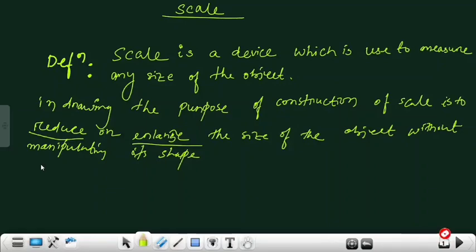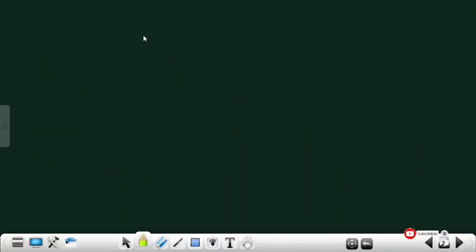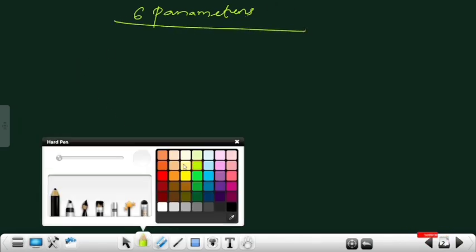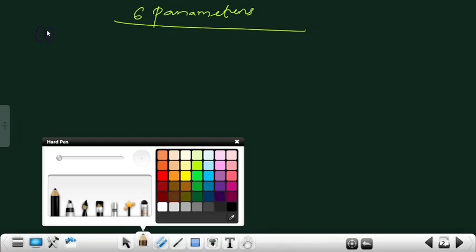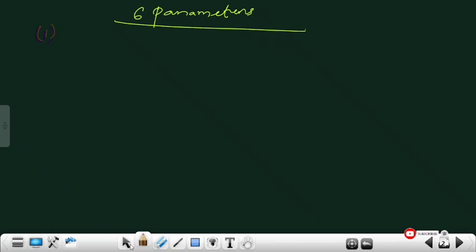So we have to understand what the representative factor is.